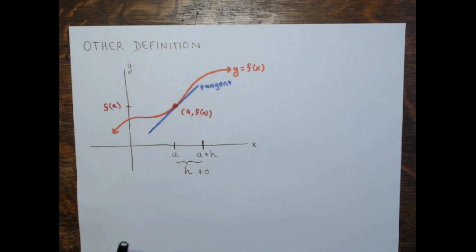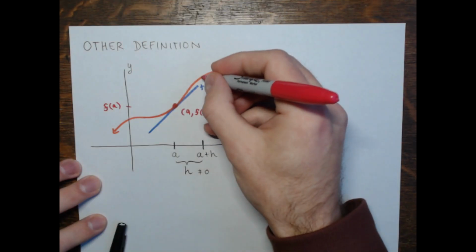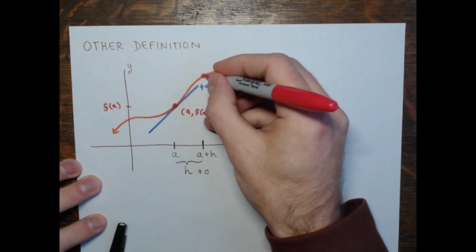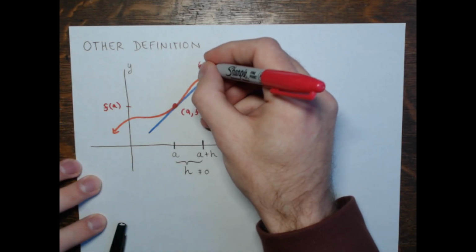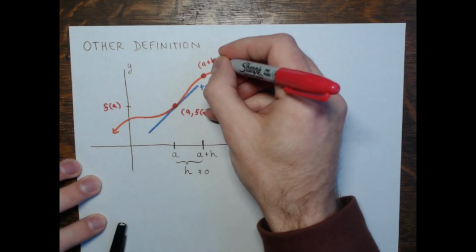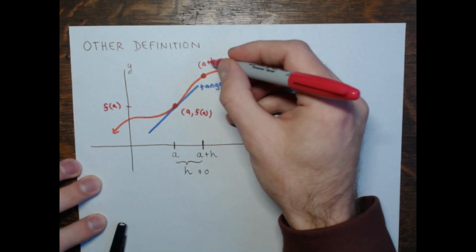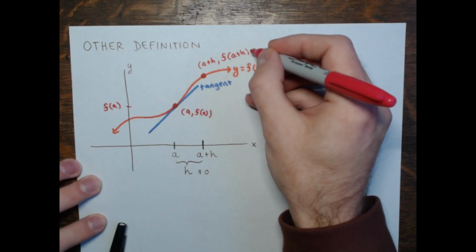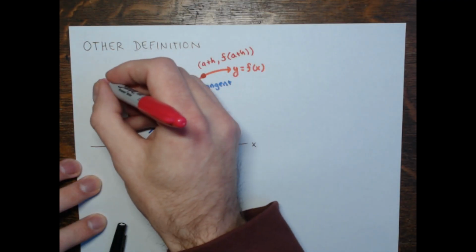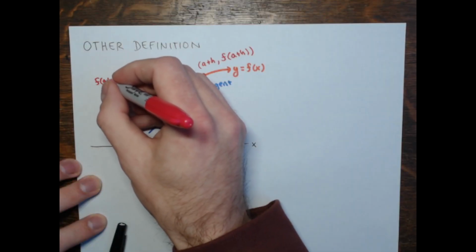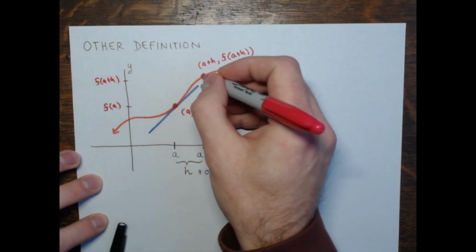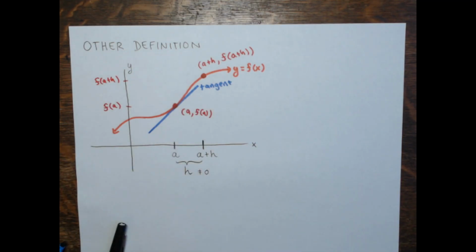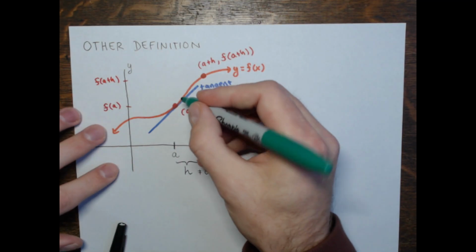And then this gets plugged in. This A plus H value takes me to another point on the curve. So here's the point, with input A plus H, and then output f of A plus H, y coordinate f of A plus H. And then here's this secant line.